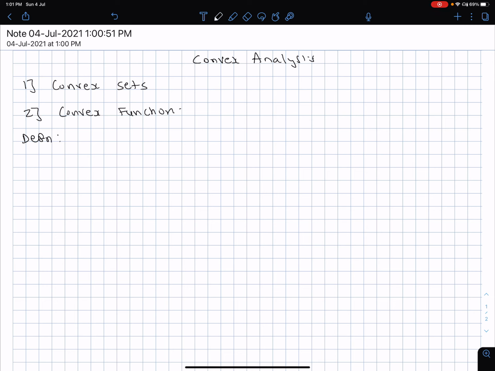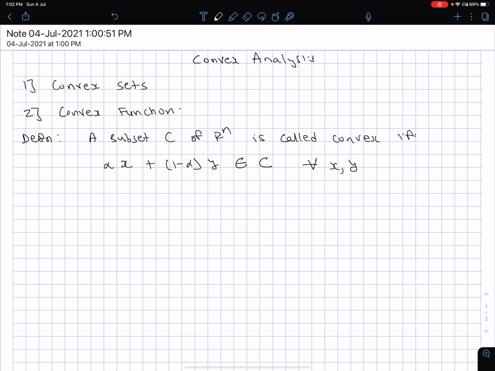A subset C of Rn is called convex if you take a line segment between 2 points x and y of the set C, then the line segment itself belongs to the set C. So let me explain this a bit more carefully by a geometric example.